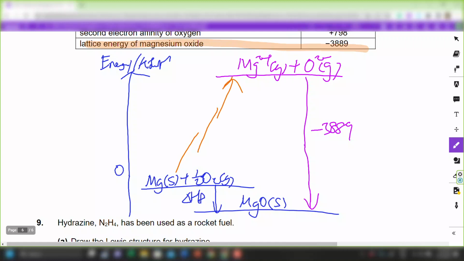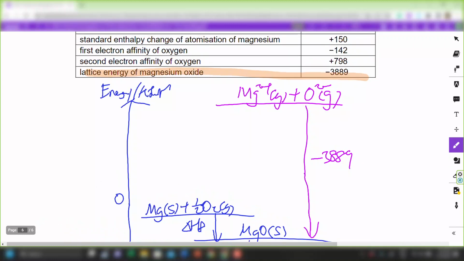So the Born-Haber cycle is easy because of this. It's visually very simple because I just need to move from the elements to the gaseous ions. That makes it a lot easier compared to a random energy level diagram for a random reaction. So basically you just need to be meticulous and systematic.